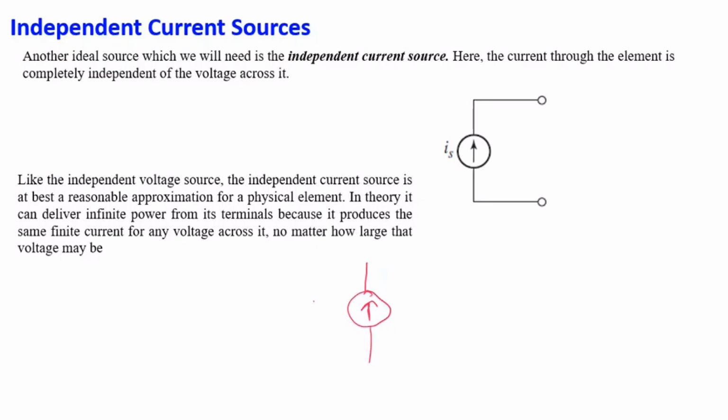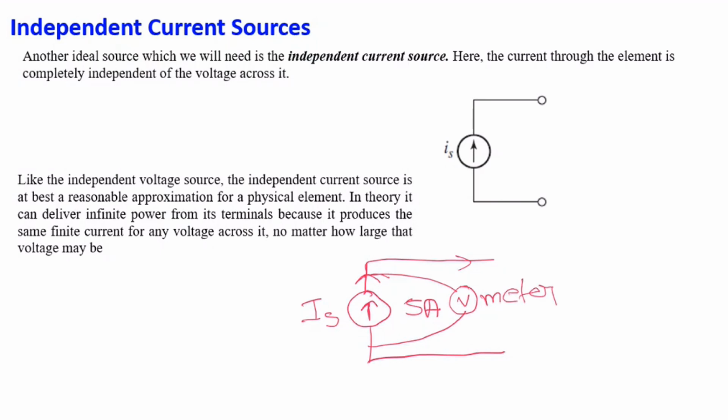If I write IS here and say it is 5 amperes, that means 5 amperes of current will be delivered by this source. So it will give how much current? 5 amperes. And if I measure the voltage across this current source with a voltmeter, which measures the potential across it, this may vary.